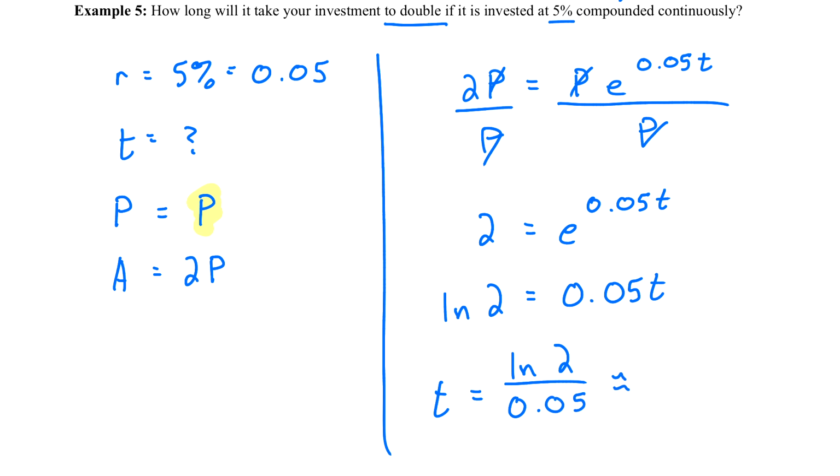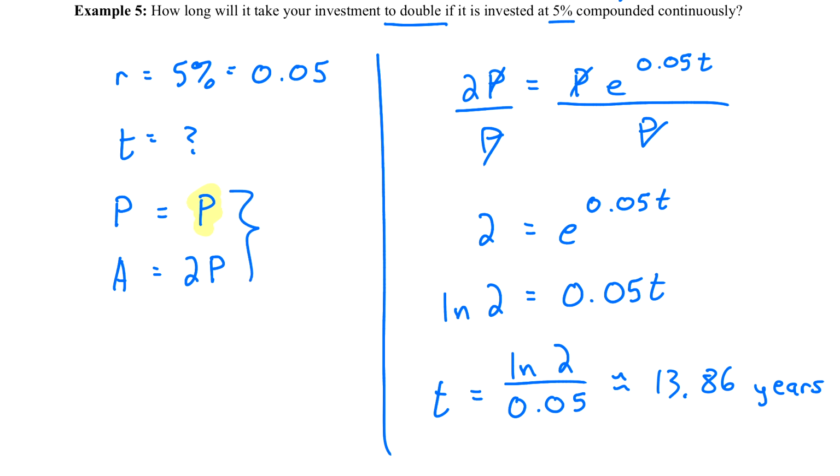If I want an approximate answer, I end up with 13.86 years. So here is my solution for t. It's 13.86 years.